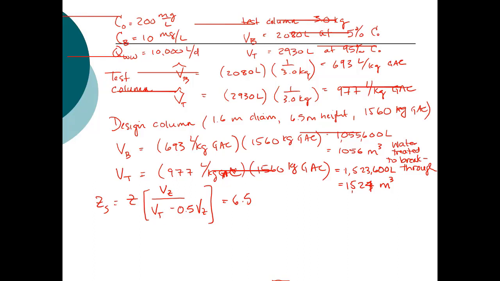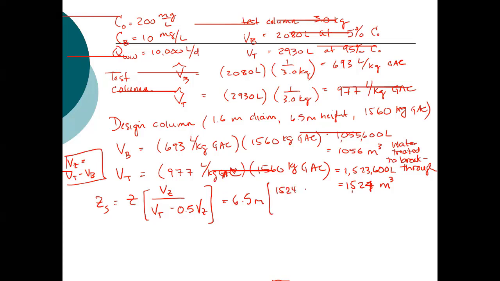So that's 6.5 meters times V sub Z, and V sub Z is equal to V sub T minus V sub B. So just remembering that relationship. So that's 1524 minus 1056 divided by 1524 minus 0.5 times the difference between those two.